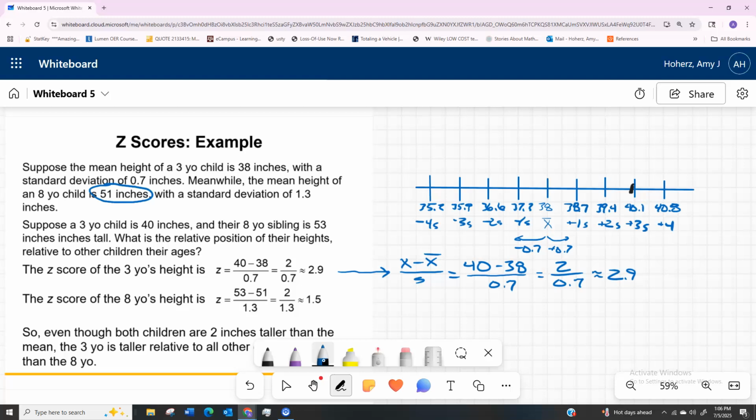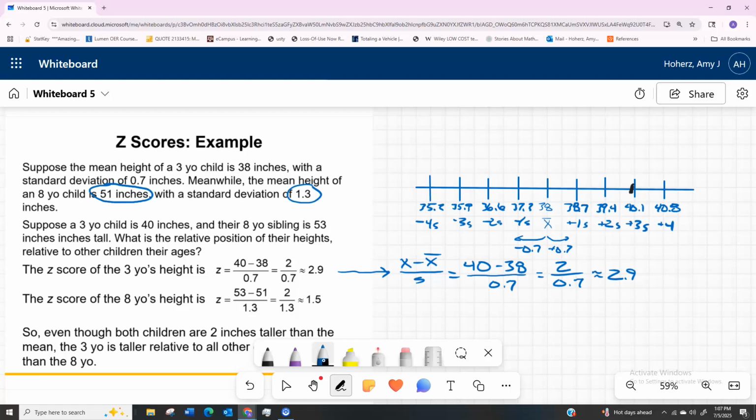So that would have been our number here in the middle, 51 for the 8-year-old, and a standard deviation of 1.3. In other words, 8-year-olds vary more in height than 3-year-olds do. Which, if you think about things, 3-year-olds have a more typical height than 8-year-olds. As children get older, the variation in their heights gets greater between children.